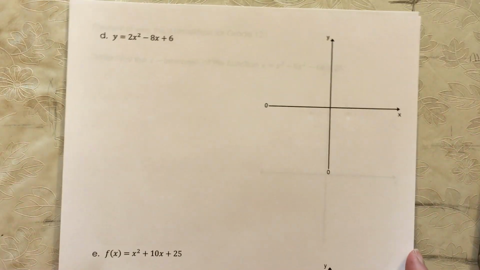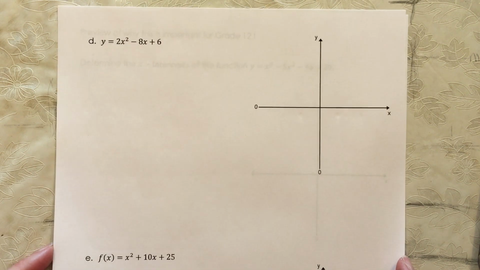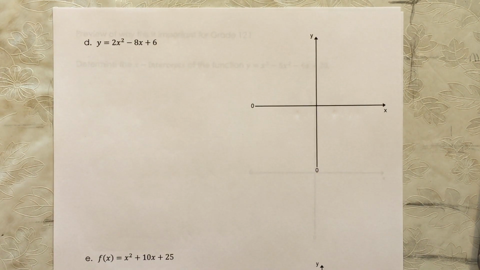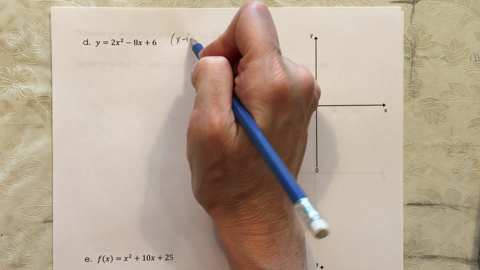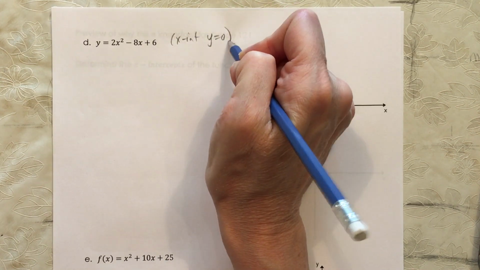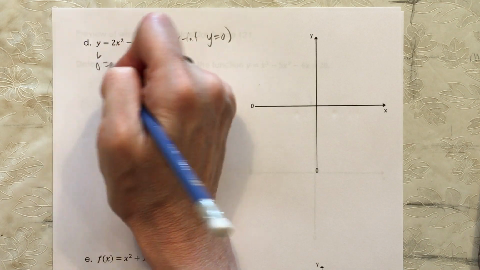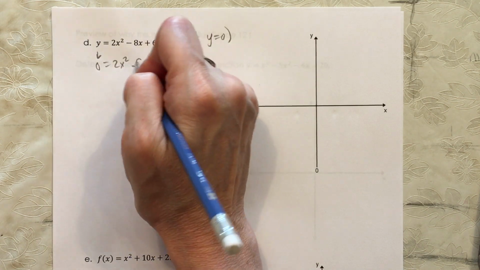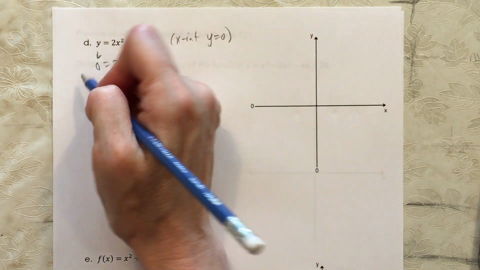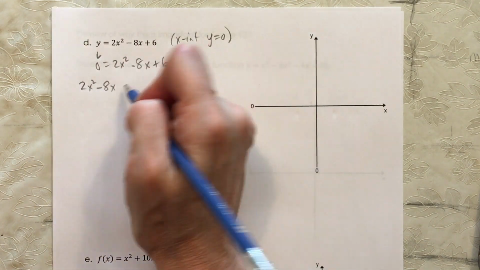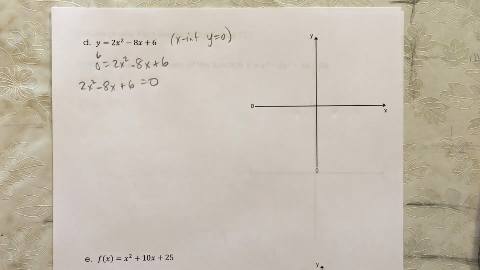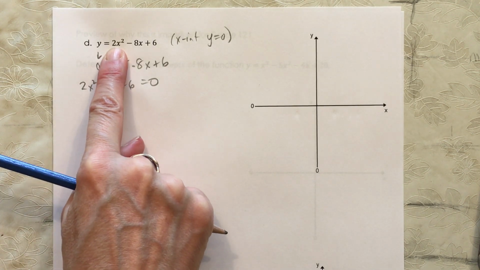All right, next one, D. y equals 2x squared minus 8x plus 6. Again, to find the x-intercepts, we set y equal to 0. Turn it around. Now in this case, if we look back at the parabola up here, our step number is 2.